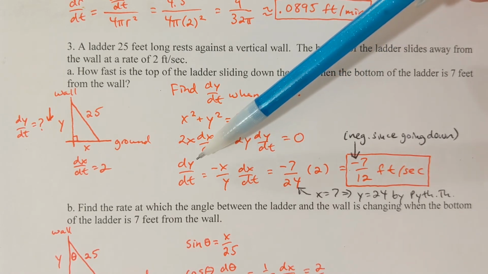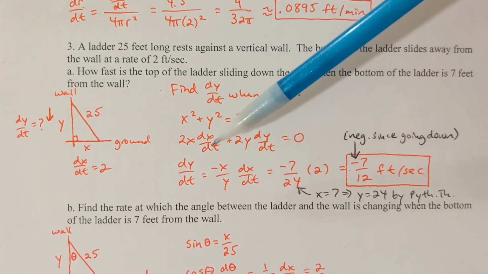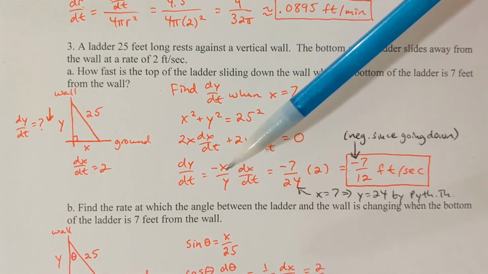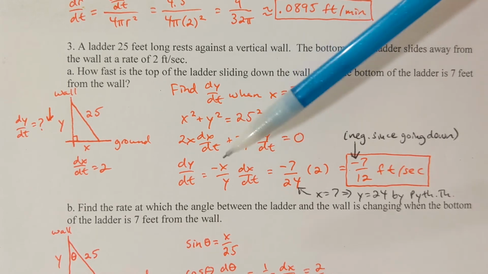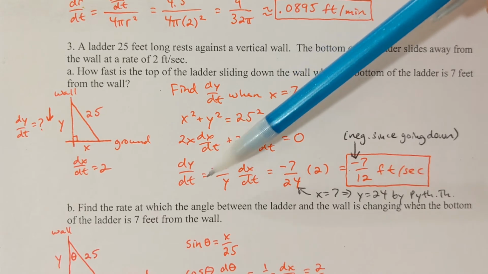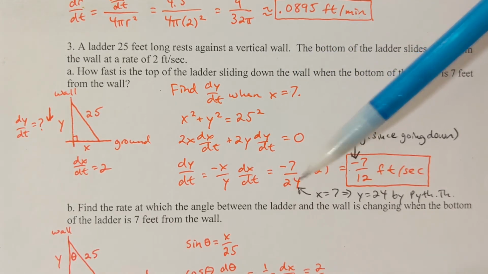And I'm not wanting to find dy dx, right? I'm wanting to find how y is changing with respect to time. So because time is the variable here that we're interested in with all the other variables, we want to use Leibniz notation and indicate that this is with respect to time t. So take note of that.